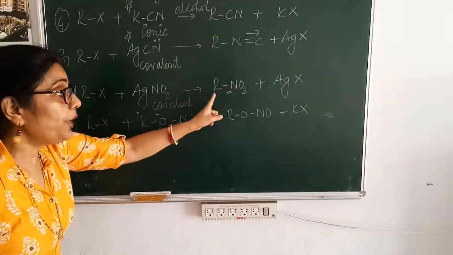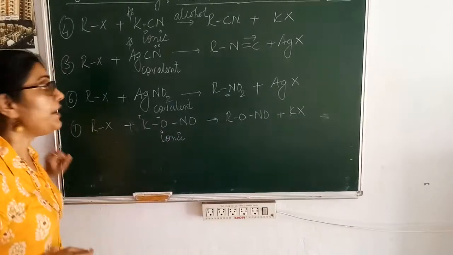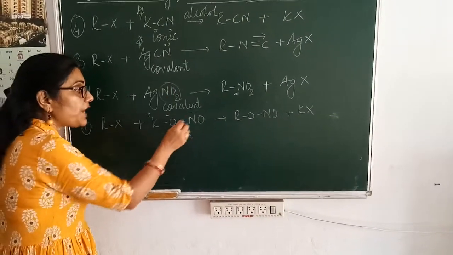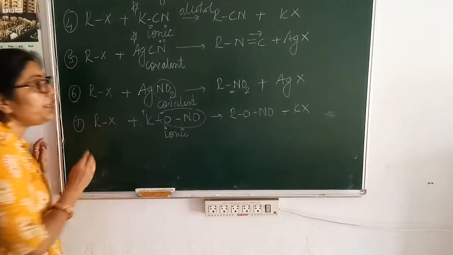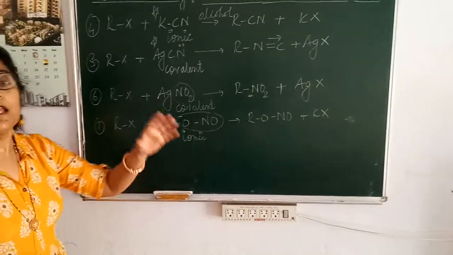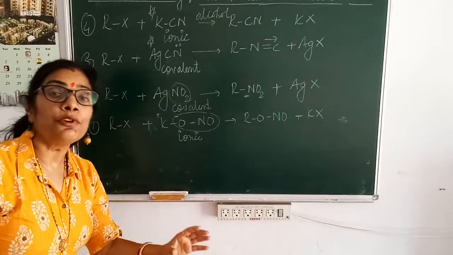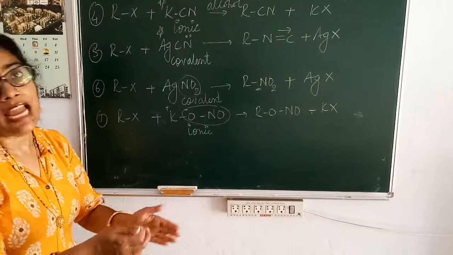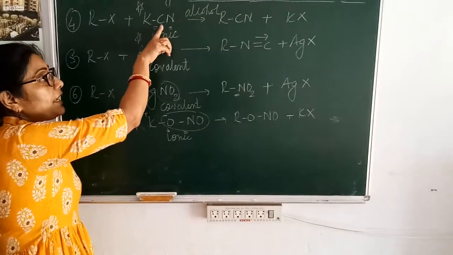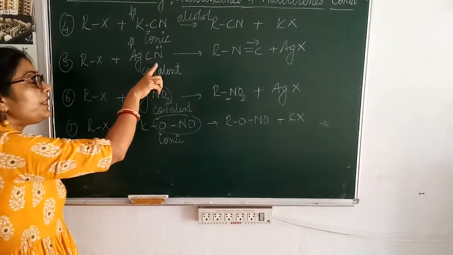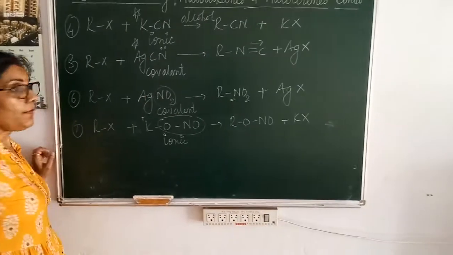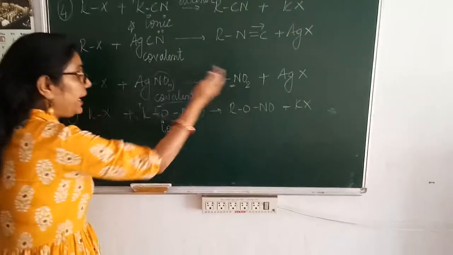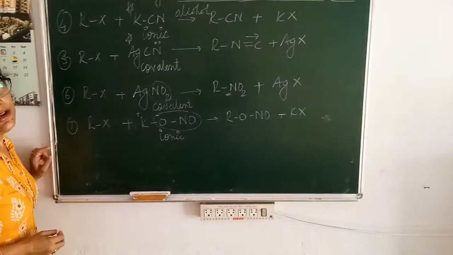So here nitroalkane and here alkyl nitrite, and such reagents in which either of the atoms can be the attacking site are known as ambident nucleophiles. As you know, ambi means both, either of the atoms. So if carbon is the attacking atom, cyanide. If nitrogen is the attacking atom, isocyanide. Similarly, with AgNO2, nitroalkane, with KNO2, alkyl nitrite.